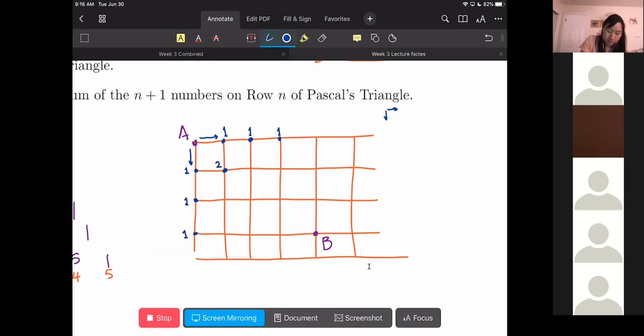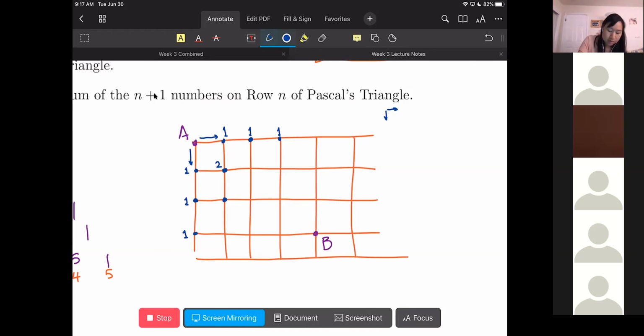But now let's fill in some of the inner ones. So how many ways are there to get to this point right here? Two. Why is that? You can move from the 2 to that point and from the 1 to that point. There's one way to get from this point to here and one way to get from this point to here.